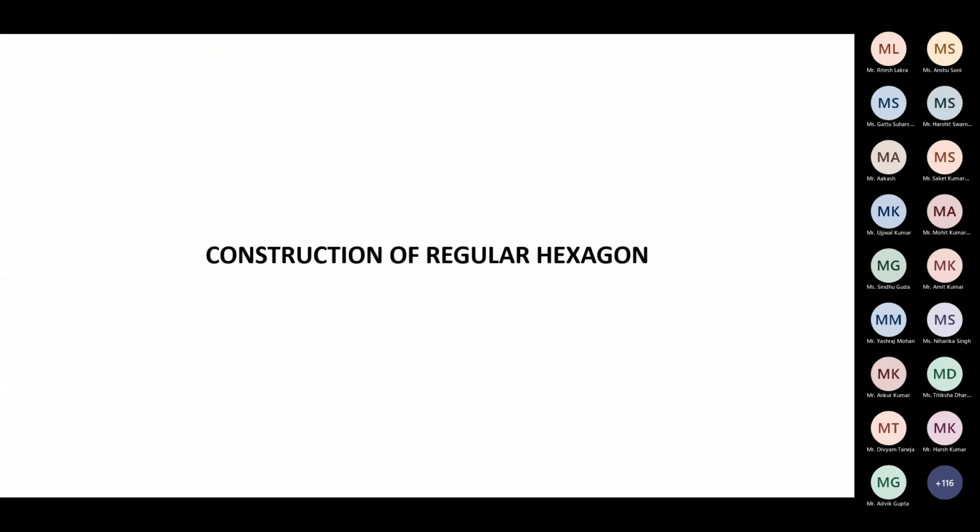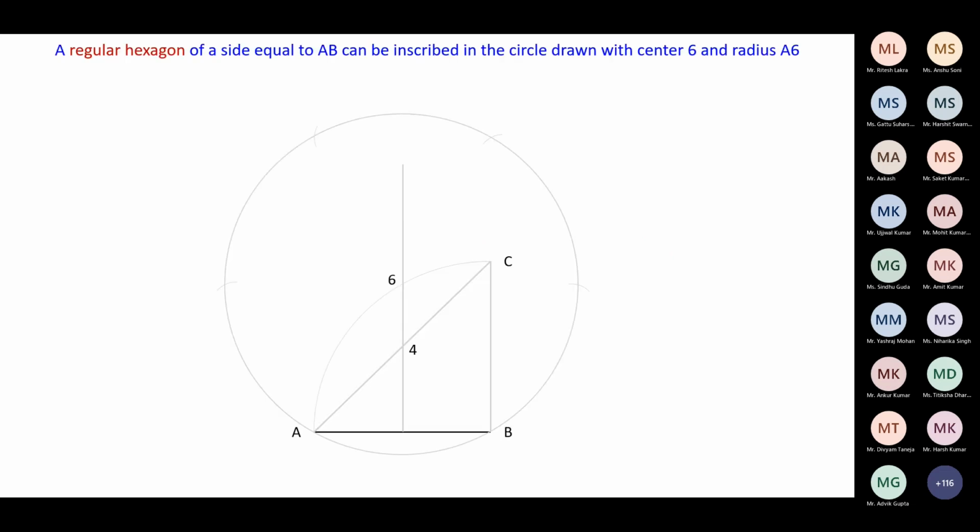Let us try to construct a regular hexagon. Again we follow the first few steps common. And now we use 6 as a center, and radius is equal to A6. Center 6, radius A6.